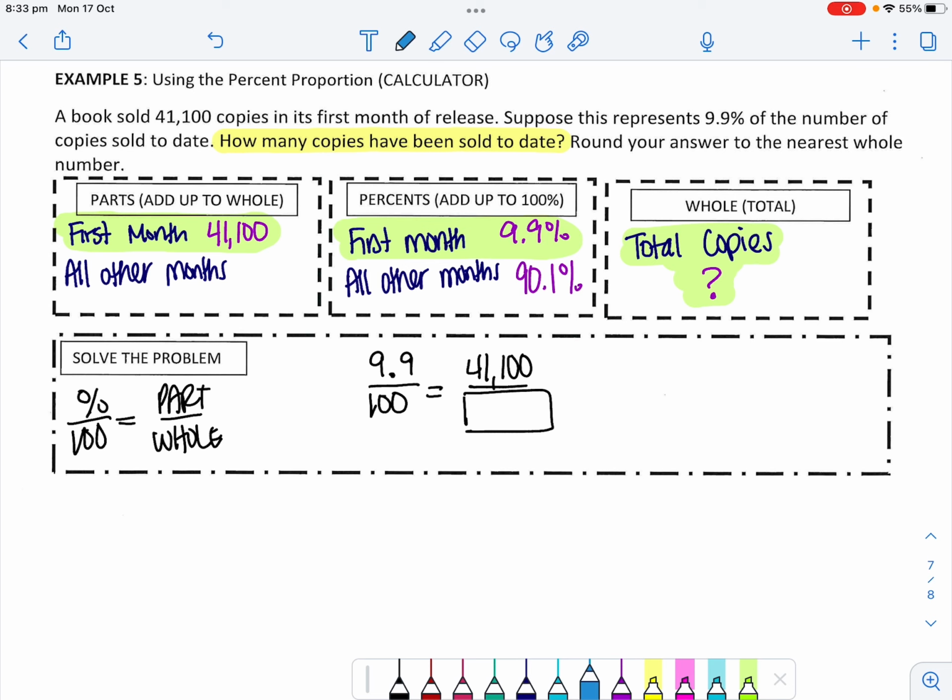This says round your answer to the nearest whole number. So again, I'm going to go to the 2 decimal places, so that when I multiply by 100, those 2 decimal places are going to go away, and I'm left with this nice whole number, because we're talking about a whole number of books that have been sold. So when I'm looking for what I'm multiplying by, I'm going to do 41,100 divided by 9.9.